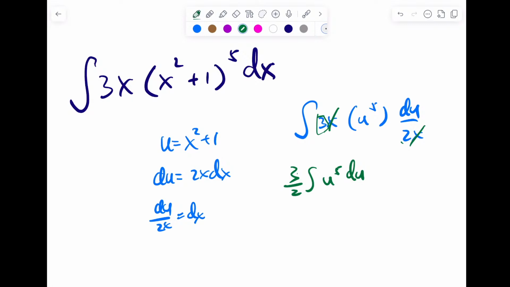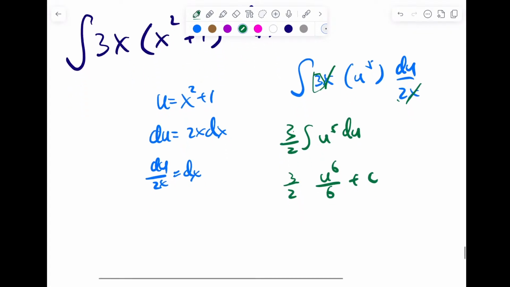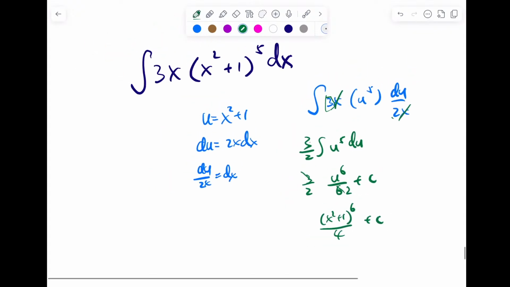Is that okay? So it'll be 3 over 2 u to the 6 over 6 plus c. Is that okay? So 6 and 3 cancel out again. So it'll be x squared plus 1 to the 6 over 4 plus c. Is that okay?